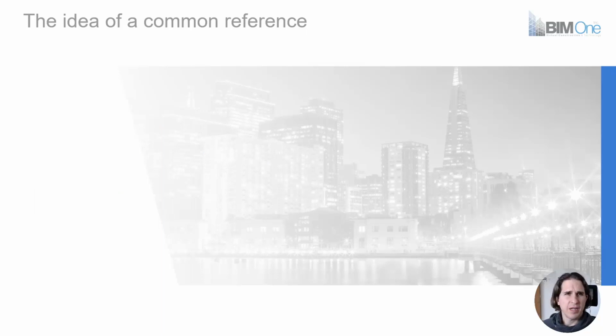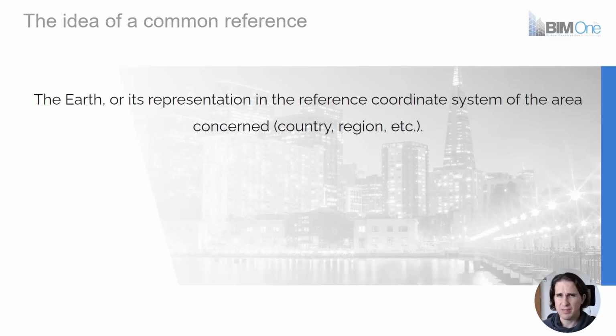So the idea of the common reference, which would be pretty much a definition of it, is the Earth or its representation in the reference coordinate system of the area concerned.